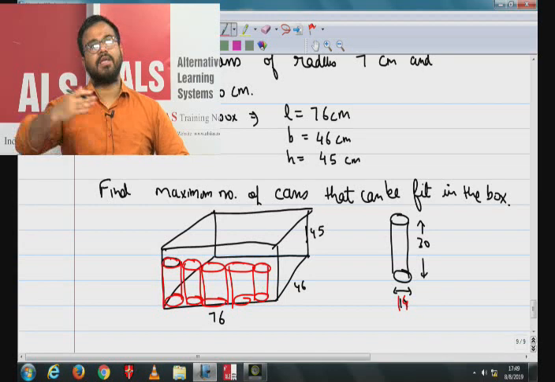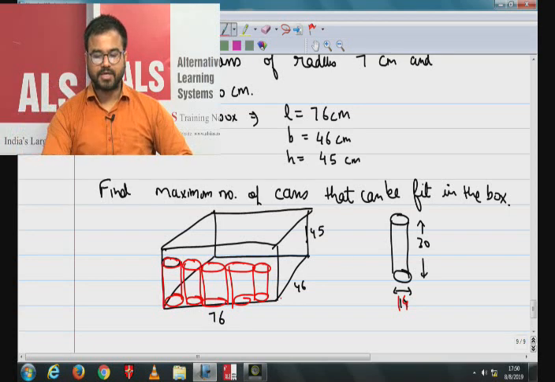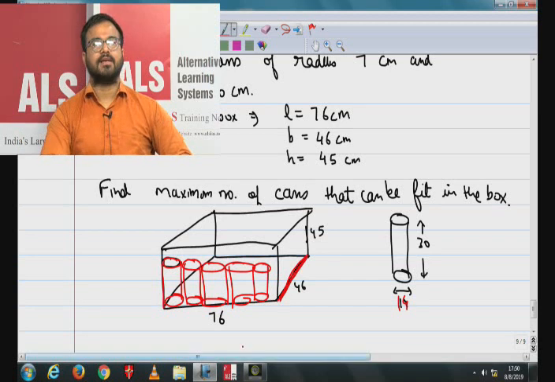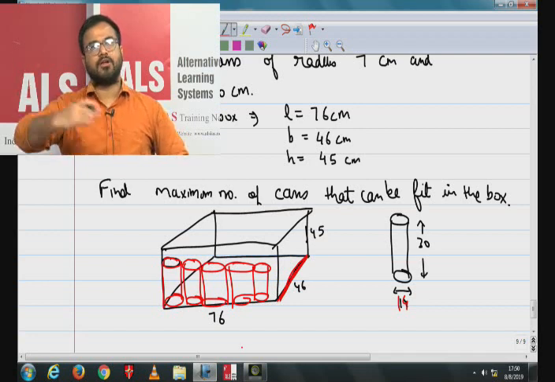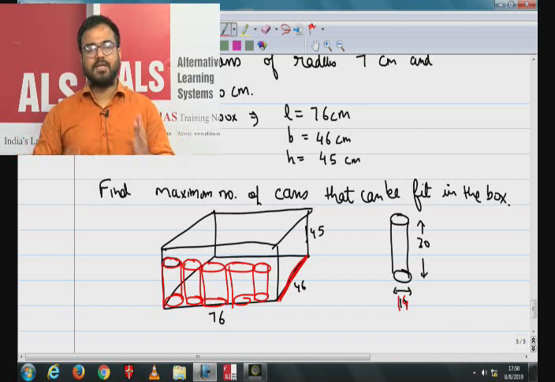Now how many can we put along the breadth, just after this layer? You can see that the breadth is 46 and the width of one can is 14. So how many cans can we place along the breadth? It will be only 3 because the multiple of 14 just less than 46 is 42.